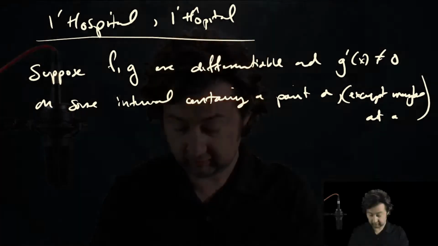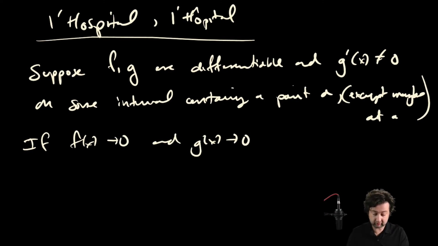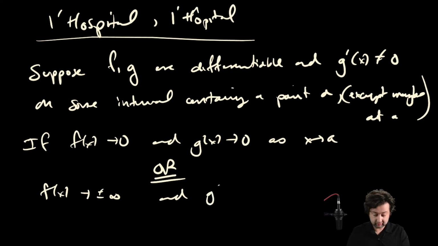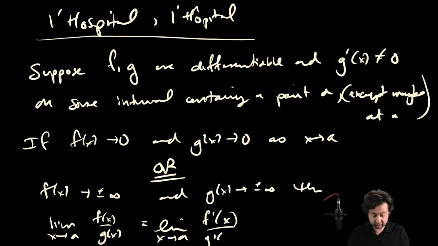Then, if f of x goes to 0 and g of x goes to 0 as x goes to A, or alternatively, f of x goes to plus or minus infinity and g of x goes to plus or minus infinity, then the limit as x goes to A of the ratio of f of x to g of x is equal to the limit as x goes to A of f prime of x over g prime of x.